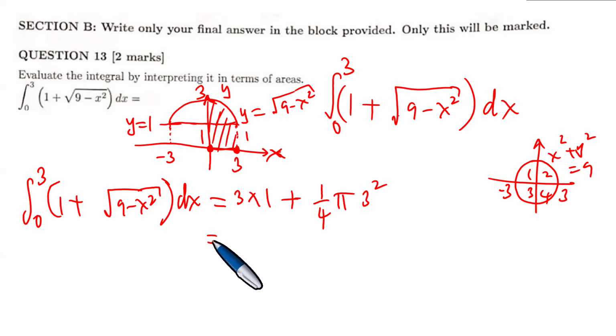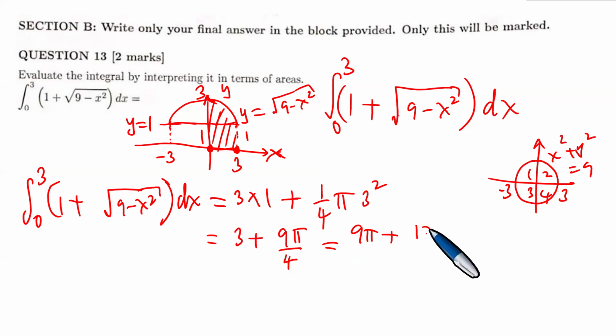And therefore, this is actually 3 plus 9 pi out of 4. Okay, and this is the answer. You can write it as 9 pi plus 12 divided by 4. So this one becomes the answer to the question.